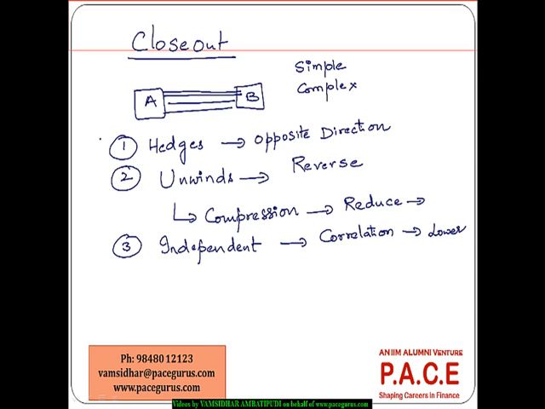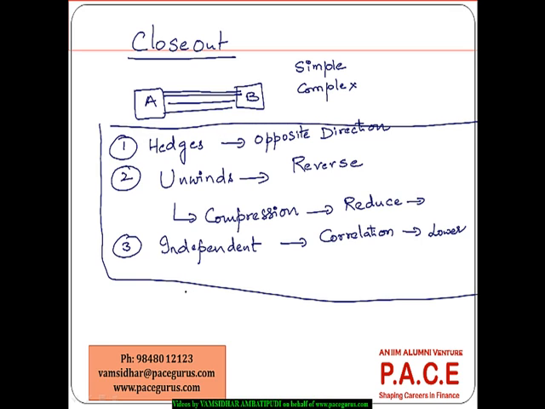So they could fall into any of these three categories. They could be independent, they could be hedges which are perfectly moving in the opposite direction, or there could be unwinds of the existing contracts itself.